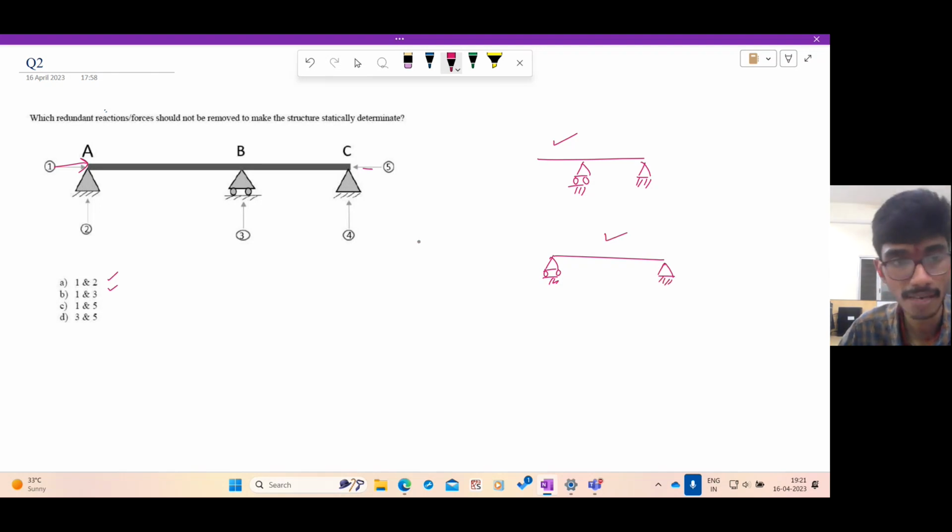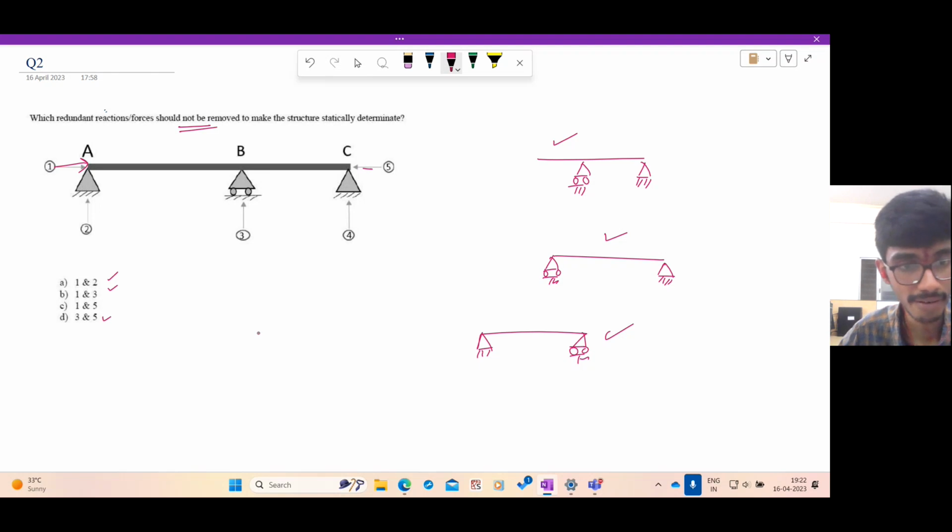Yeah, this is also stable, so this is not a problem. And if you remove 3 and 5, that is also stable. So if you remove 3 and 5, we get something like this. That's also simply supported. Note that the question is which should not be removed. So these all can be removed.